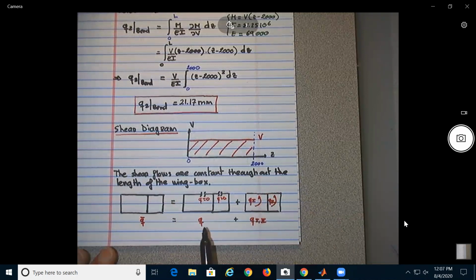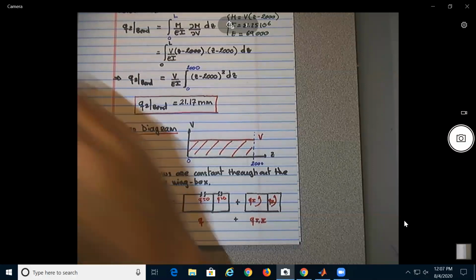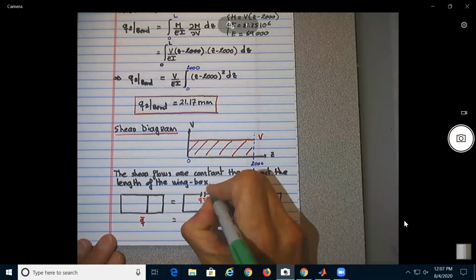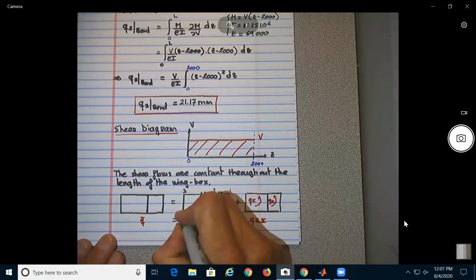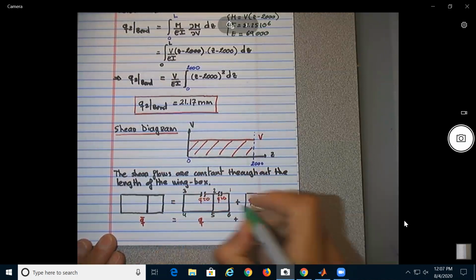Okay, so first thing we're going to do is this term over here. So we make the cuts. So let's see, how's the numbering? 1, 2, 3, 4, 5, 6.